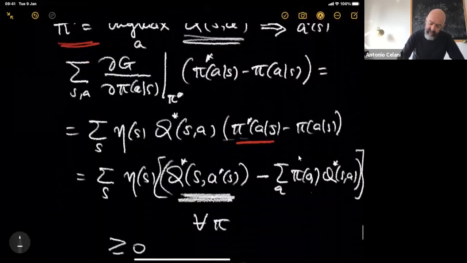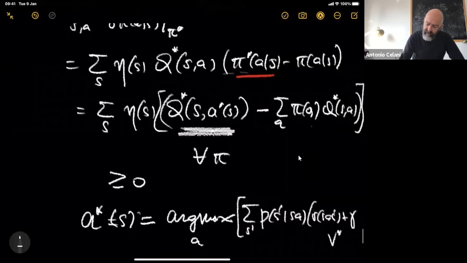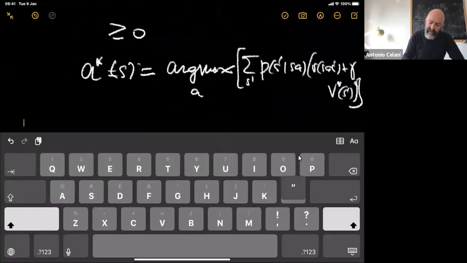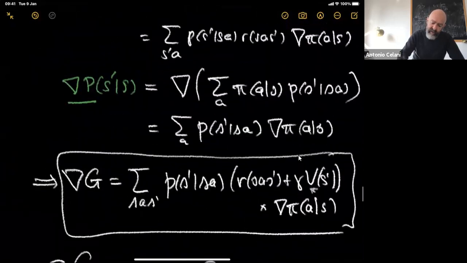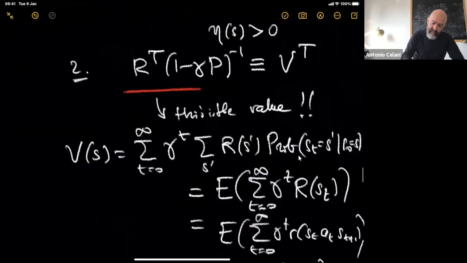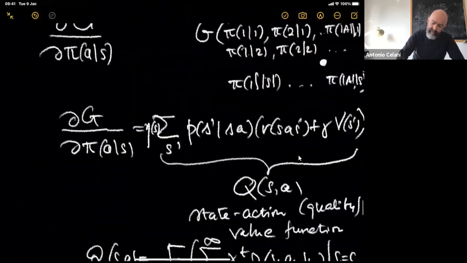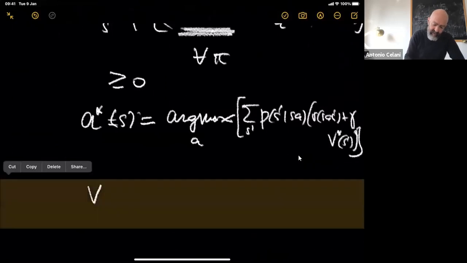So this is the sum over S prime, P(S'|S,A) times R(S,A,S') plus gamma V star of S'. And V star is given by its definition, which is this recursion equation here. So if you plug that back in, you obtain that.